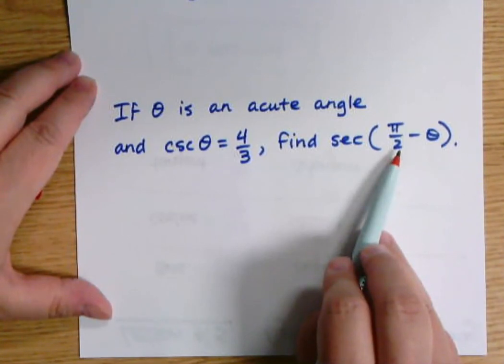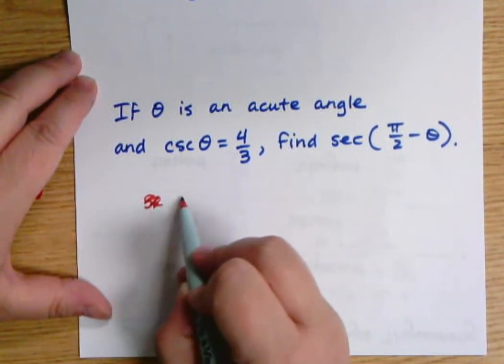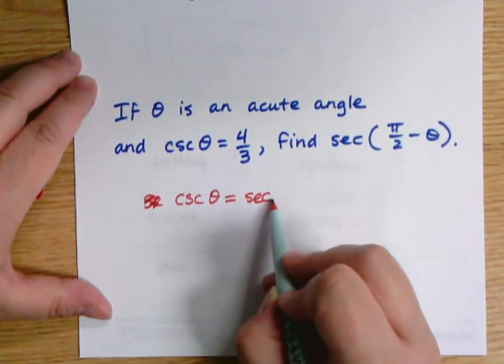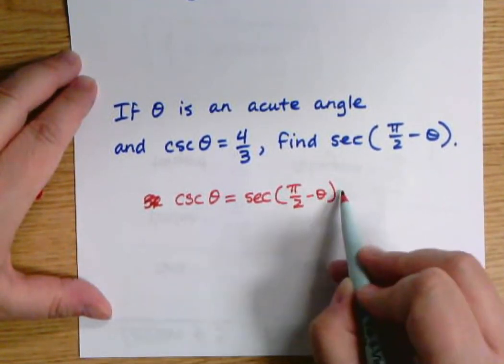When you have a problem like this, they'll tell you exact form answer, no calculator. That's because you don't need a calculator. The cosecant of theta is the secant of pi over 2 minus theta. So if it's 4/3, it's 4/3.